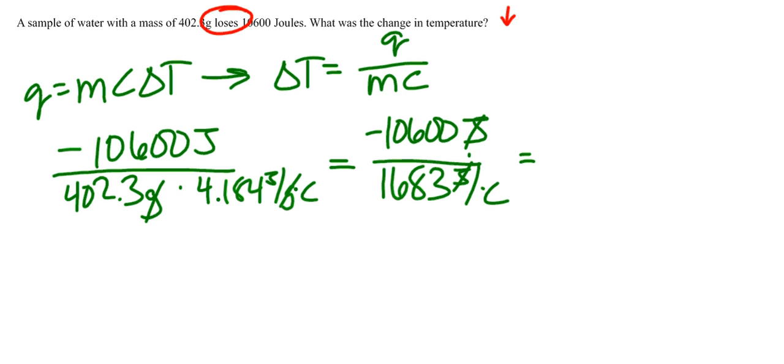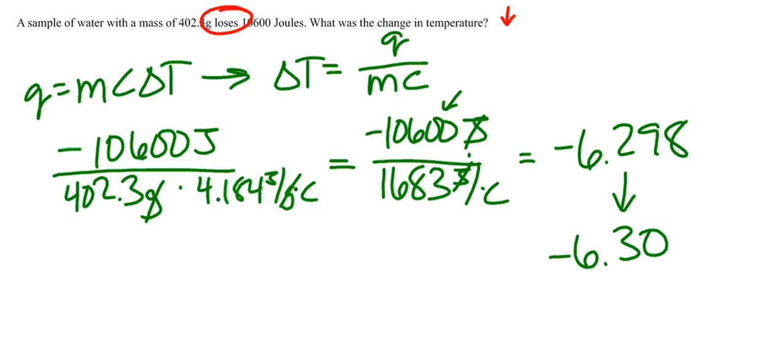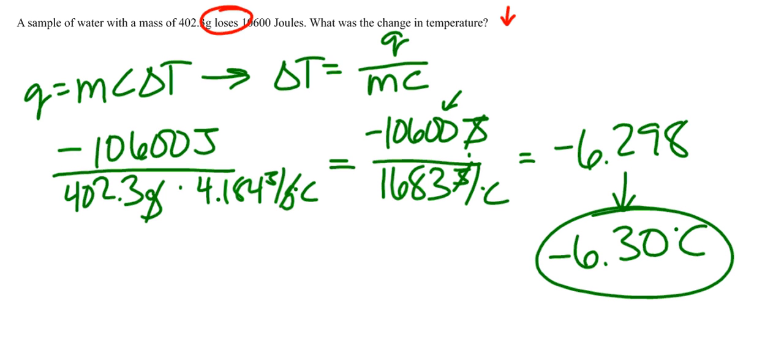I should end up only with 3 sig figs here because, remember, these 2 zeros right here are trailing zeros without a decimal, which means they're not significant. So my final answer is going to end up being a negative 6.298. But again, like I said, we need 3 sig figs, so it should be negative 6.30 degrees Celsius. Okay? Remember, decrease in joules means a decrease in temperature, and increase in joules means an increase in temperature. Okay?